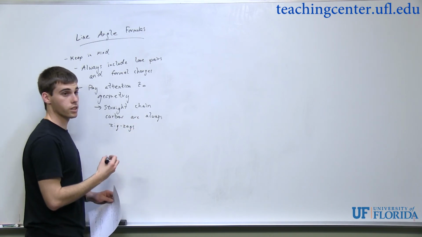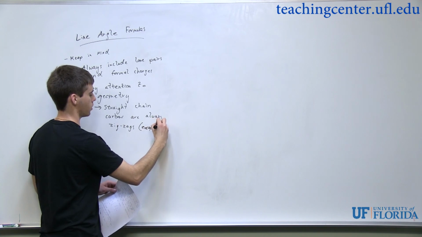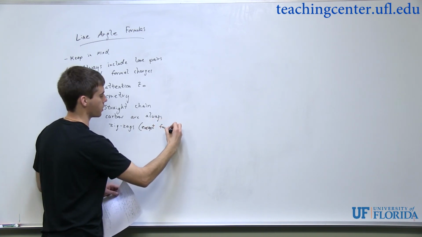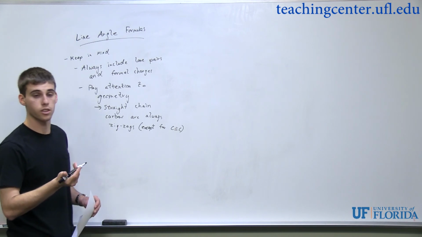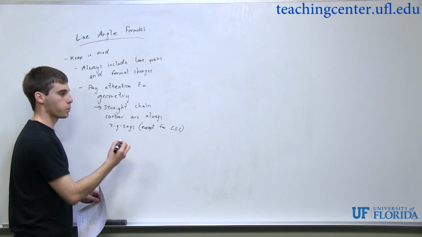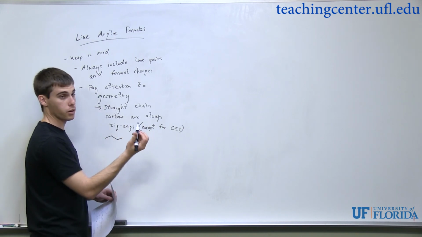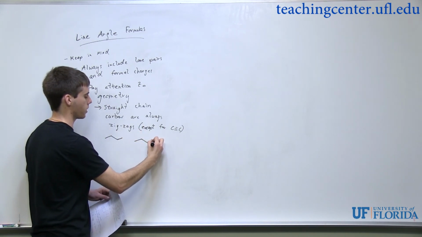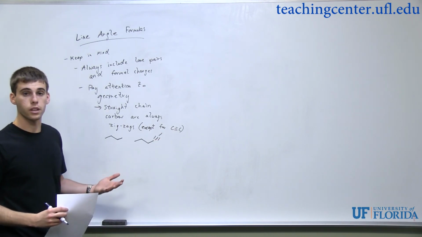The only exception for this is if you have triple bonded C's, or a C triple bonded to an N, a cyanide. So that will end up looking something like this. There's some carbons, but if you had a triple bond, it would end up looking something like this. So that's how you pay attention to geometry.